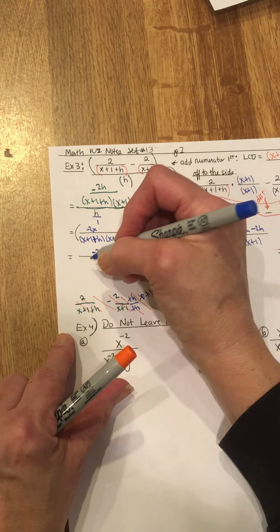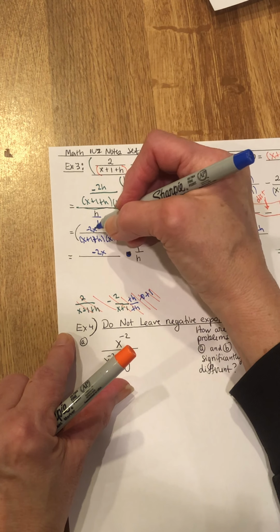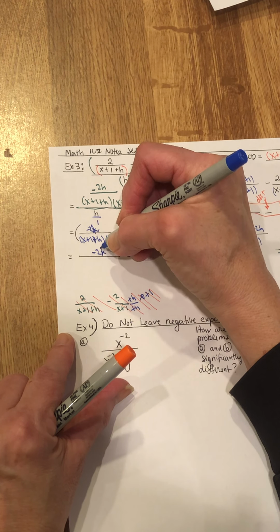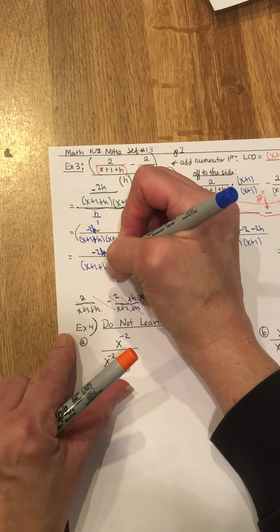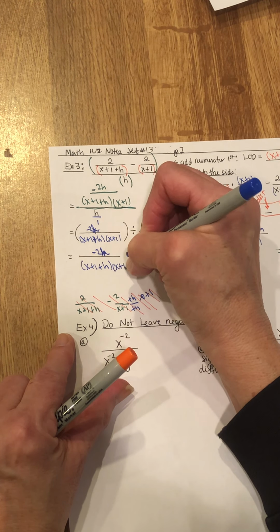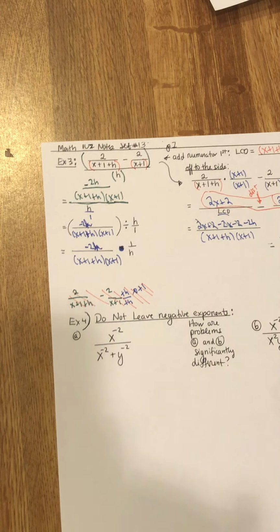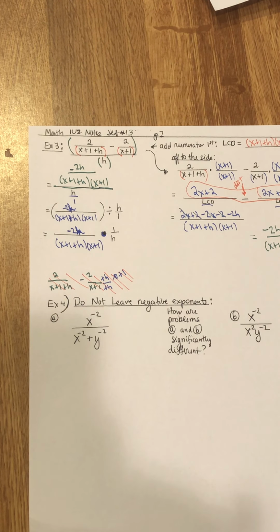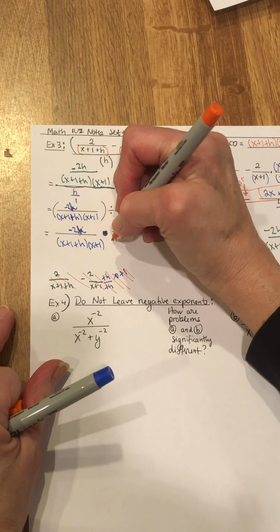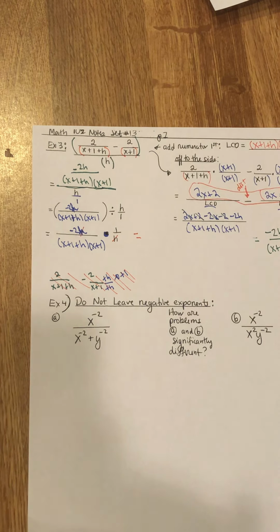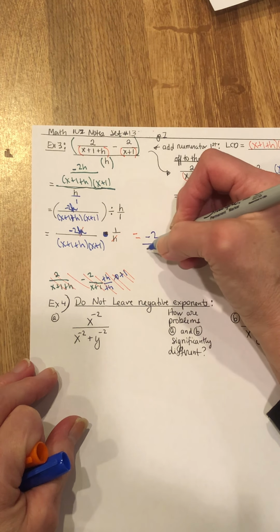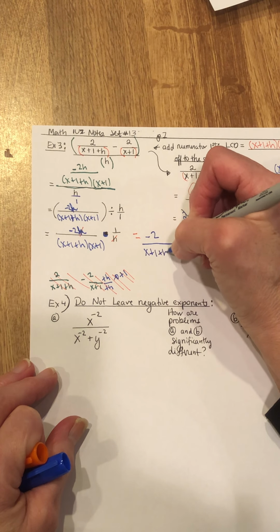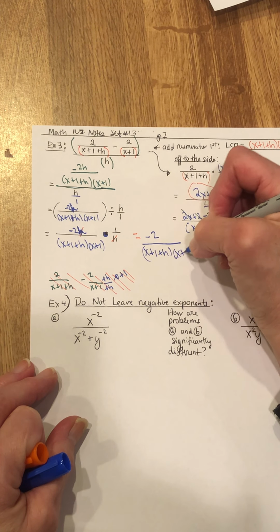Minus 2h. Silly me. All right. X plus 1 plus h times x plus 1. Another common thing that will happen because of the nature of the problem, you should find an h factor that will cancel. And so this reduces to negative 2 over x plus 1 plus h times x plus 1.